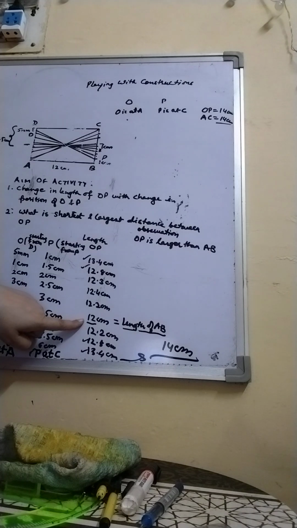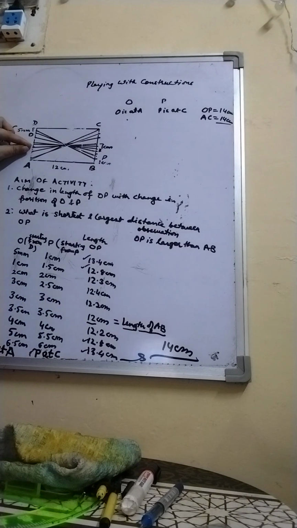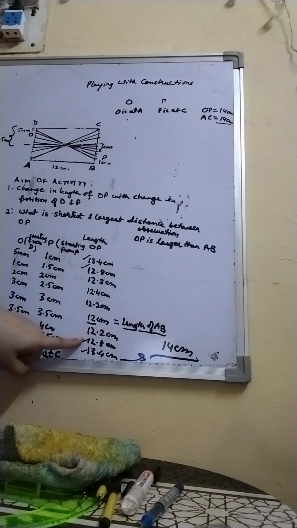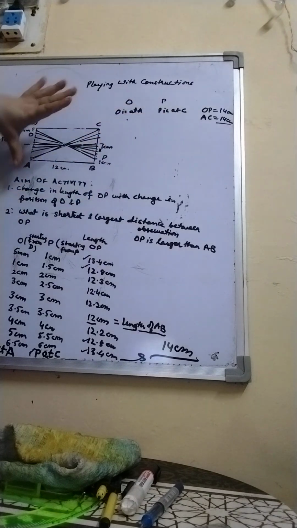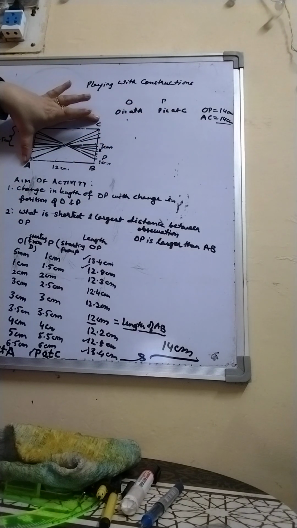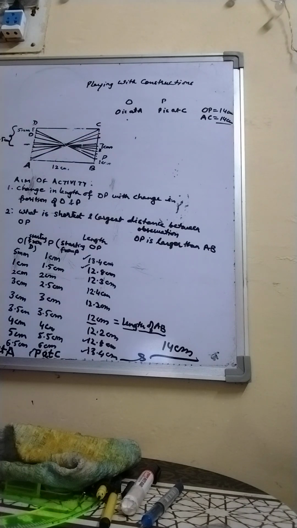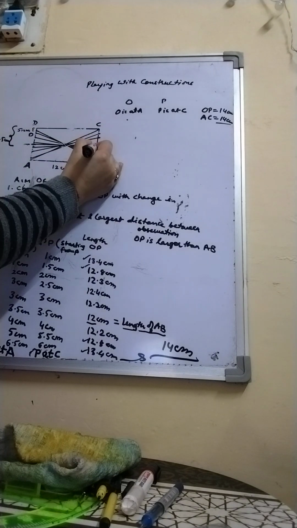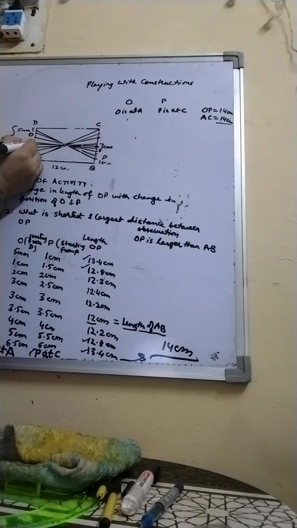Then it reaches the length of AB, and as you move O more away from D, again the readings start increasing, and the largest point comes when the O is at A and P is at C.